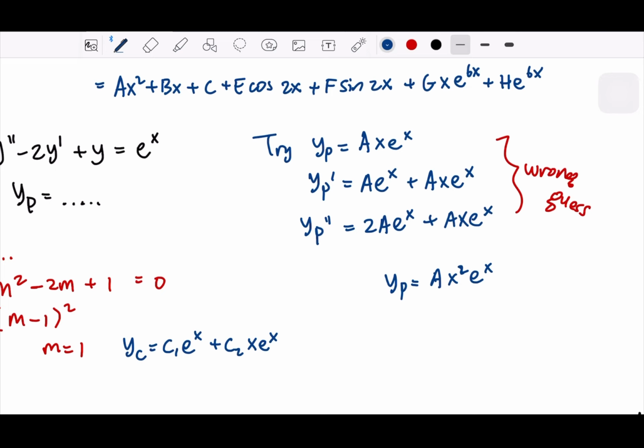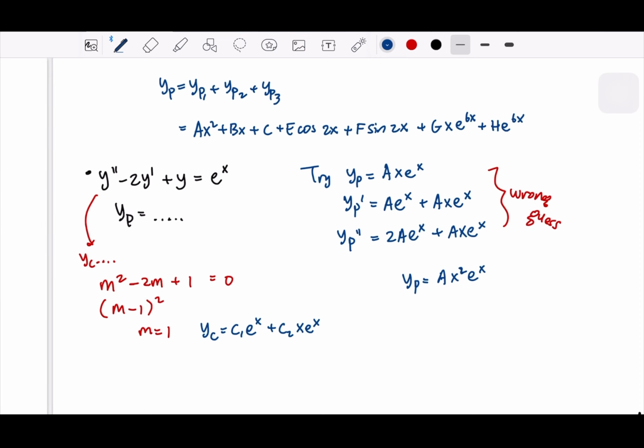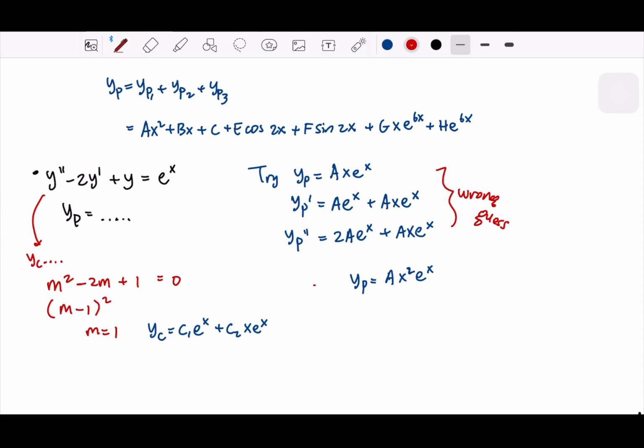Then we can move to another techniques. So this is a better guess.